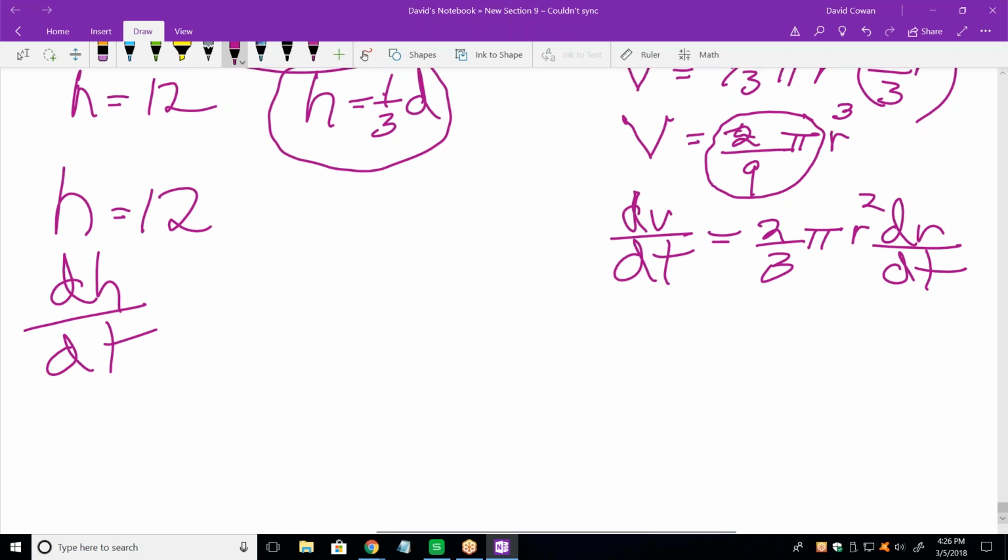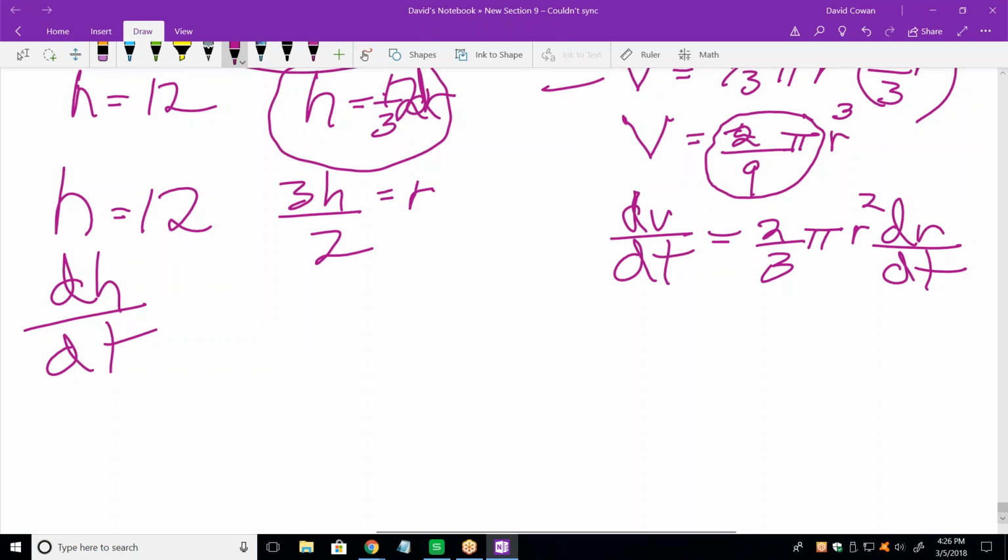Fortunately, I solved this for r. So let me go back to this step here, and instead of substituting for h, I'm going to substitute r, and then do the whole problem again. Now d is 2r, so if I solve that for r, I get 3h over 2, correct?